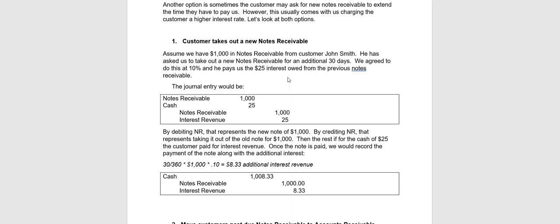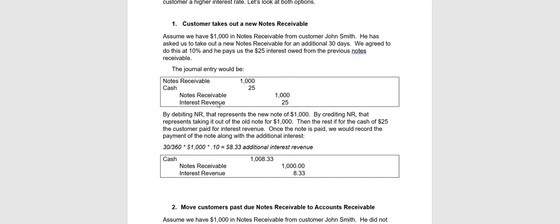Let's say that he had $25 worth of accrued interest at this point from the previous note, and then he's going to pay us that part in cash. So you end up actually doing a debit and a credit to note receivable. You debit note receivable for $1,000 representing the new note, and you credit note receivable for $1,000 representing the old note. So you're moving it from an old note to a new note.